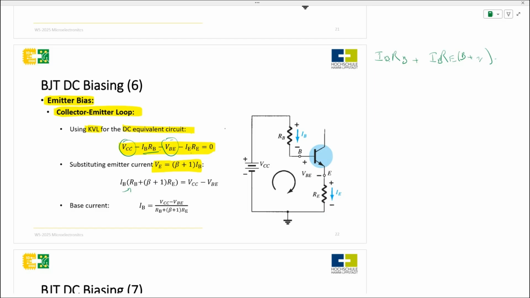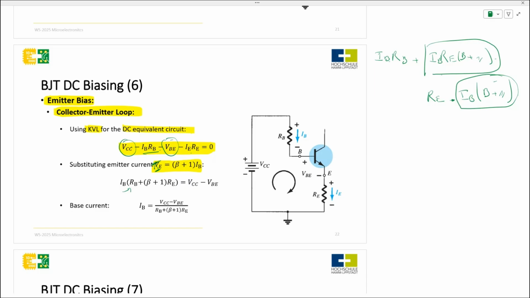Here we have IE RE, so IE multiplied by RE. There is an RE here multiplied by IB multiplied by beta plus 1. So this is replacing IE.